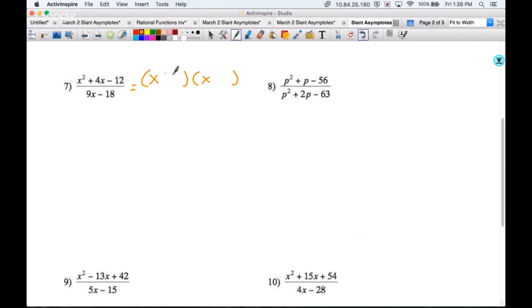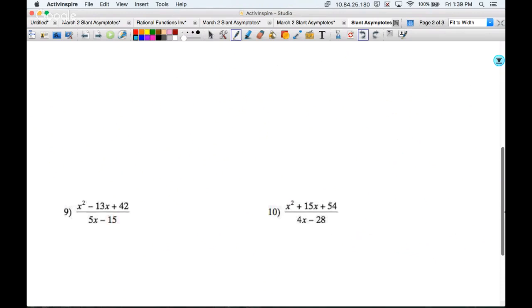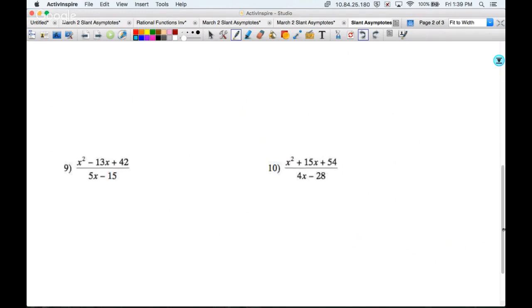Two numbers that multiply, positive 6 and negative 2. All right, that one, that's our easy case again. Let's see, let's just try these.